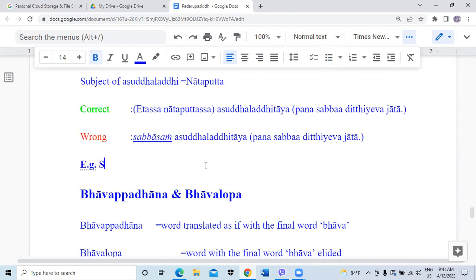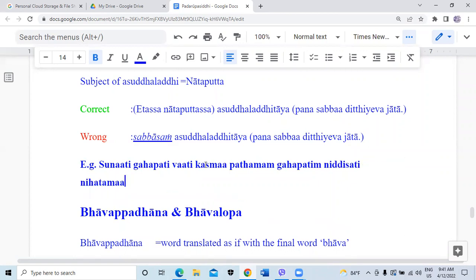Sunati bhavati vati kasama patama, pate niti sati, nihata manata, usanata.